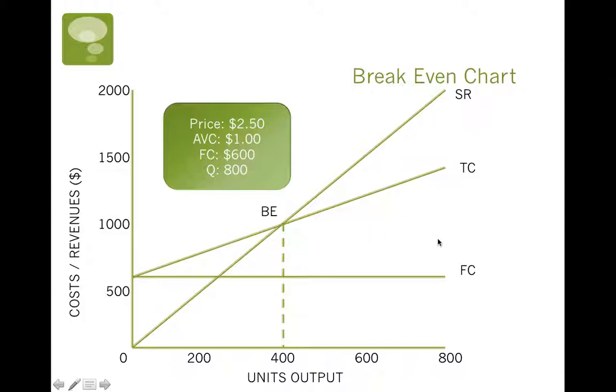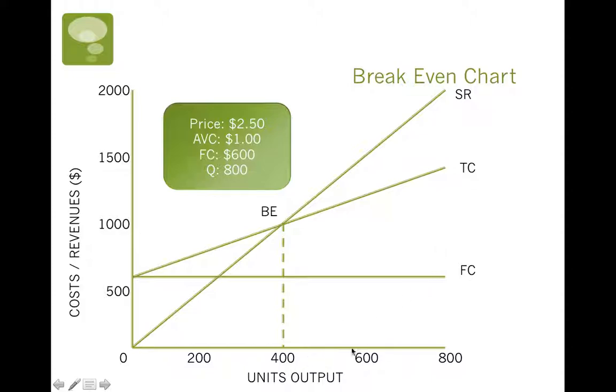There's one more thing that we can put on our break-even chart, and it's called the margin of safety. This tells us how many units can the company afford not to sell, say in a bad month, before they make a loss. So currently our company anticipates the sale of 800 units a month. It only has to sell 400 to break even. So its margin of safety is this distance between break even and maximum output.